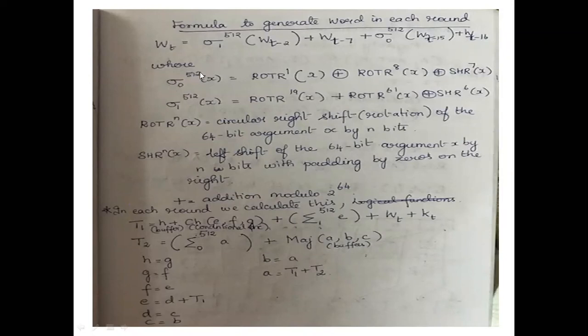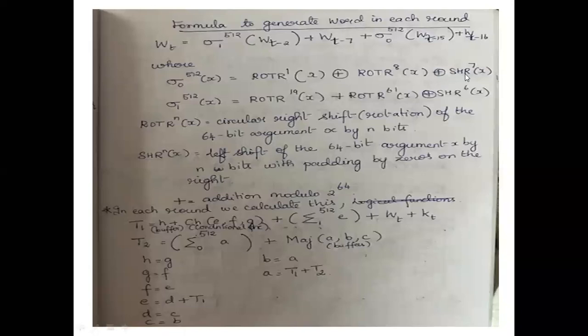Now let's see the first one, sigma 0 of 512 of x. Here you have sigma 1 of 512 and sigma 0 of 512. You must know these two values. This is the first formula. What is this? This is a right rotation of 1 bit, since there is a 1 on top, XORed with the right rotation of 8 bits of x.